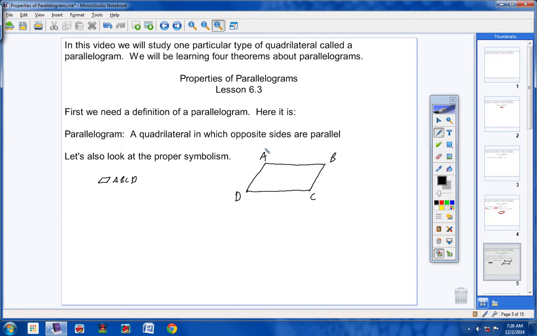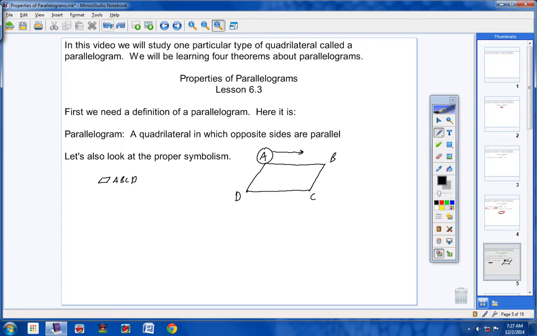Just whatever letter you start with. Most books are going to go to the right. That's not really too big of a deal, to be honest with you. What is important is you don't skip any letters. You wouldn't put parallelogram ACBD, because if you said AC, then you skipped B. Okay?